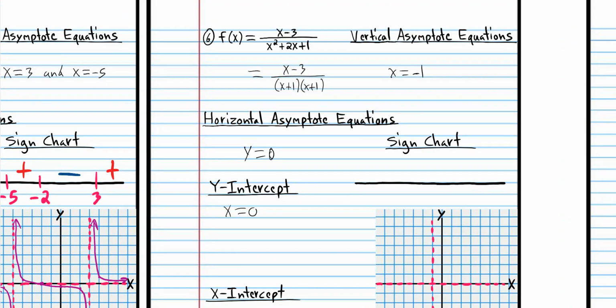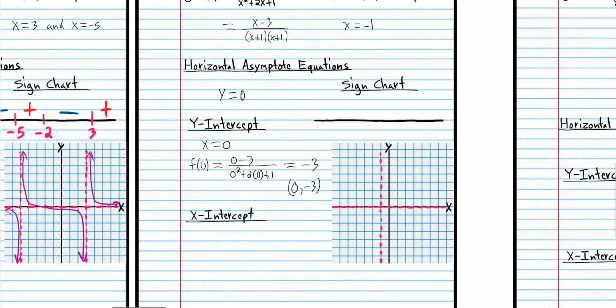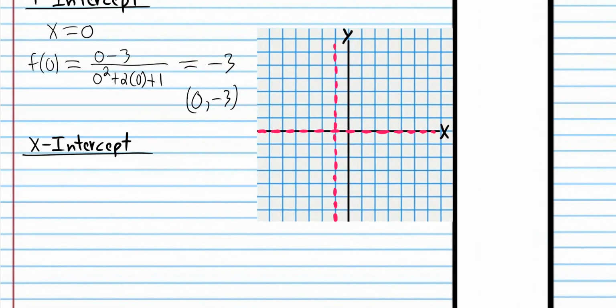That's when x is equal to 0. So I plug in 0 into the function, and it looks like we get -3. So (0, -3) is our y-intercept. So I'm going to plot that. So we have that point.